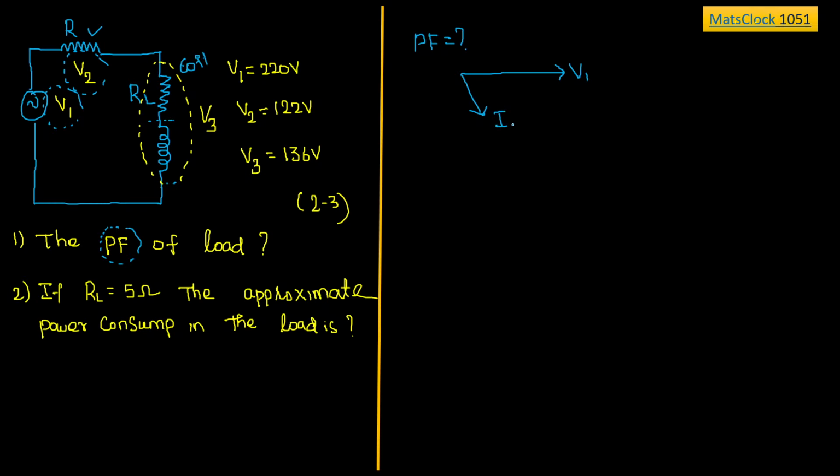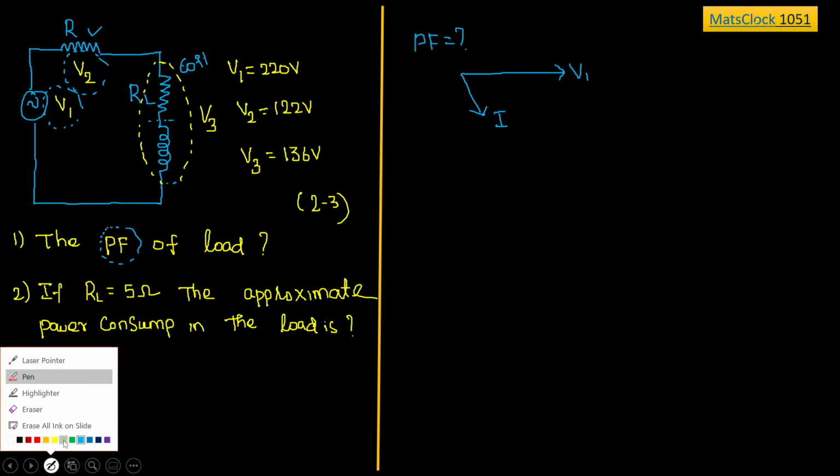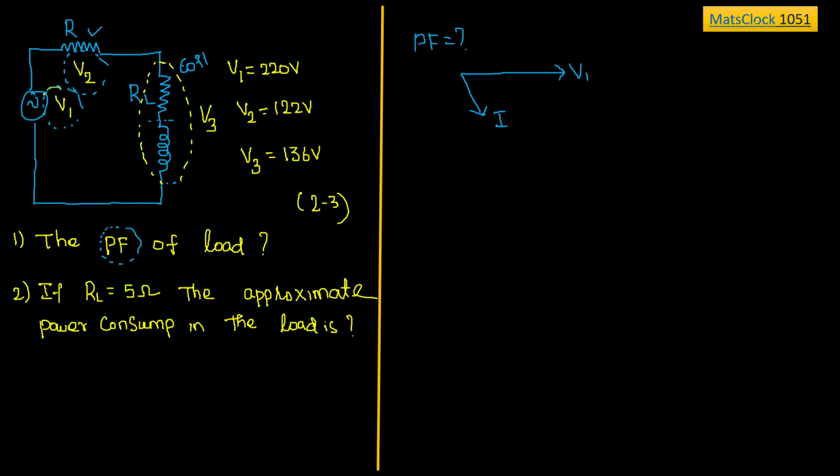Let me call it supply current I. Supply voltage is V1. In our network, according to the given data, the voltage offered by the supply is V1 only. So if you know the phase angle difference between the supply voltage and the supply current, then from the theta we can calculate the power factor offered by the network.